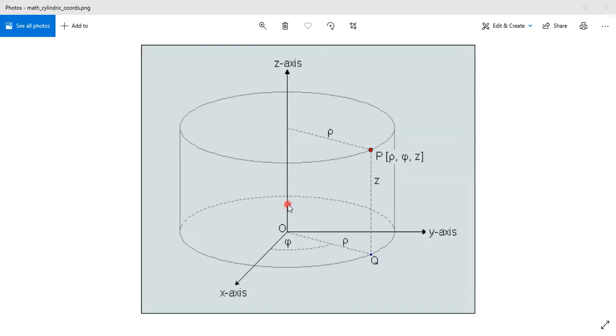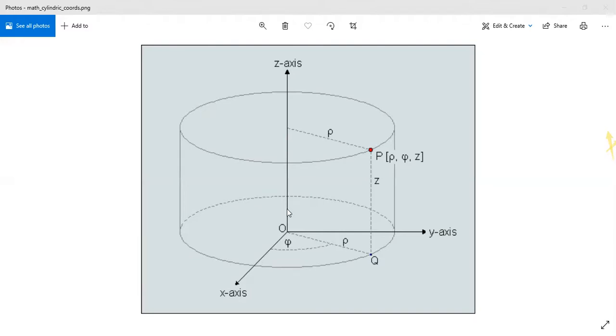But what will be the value of phi? If this point P lies on the z-axis, rho will be 0. And what will be the value of phi? Here, phi is indeterminate. We cannot determine phi.